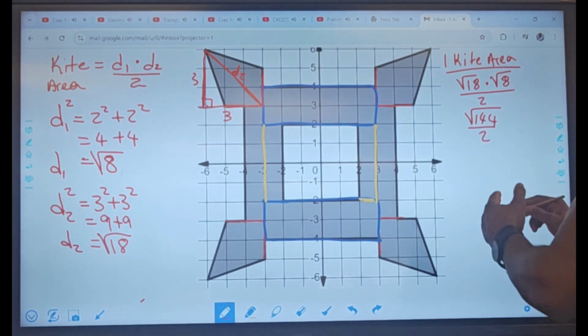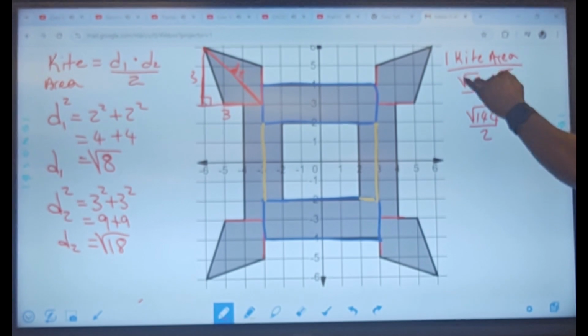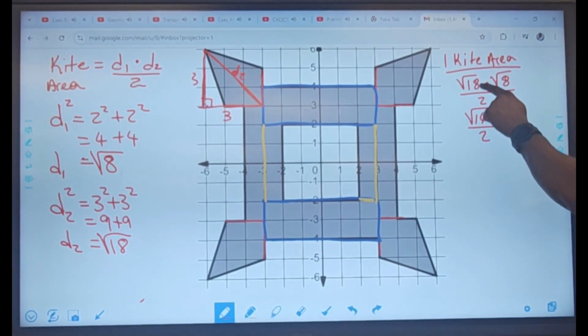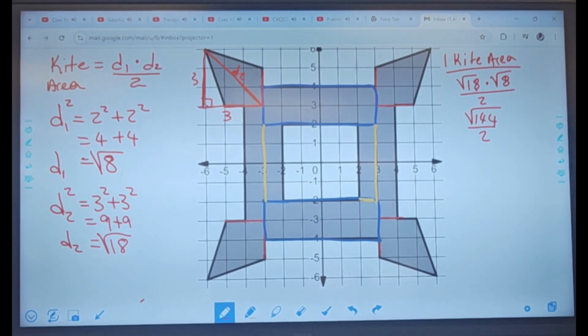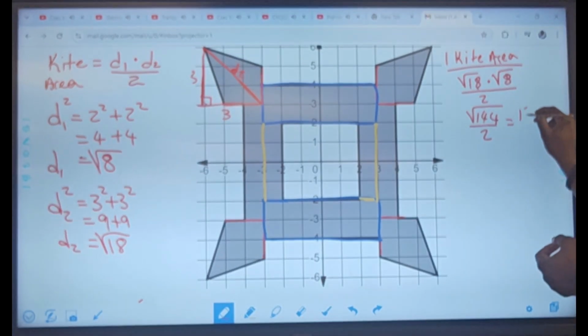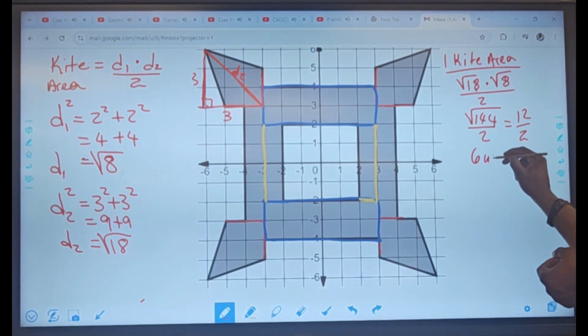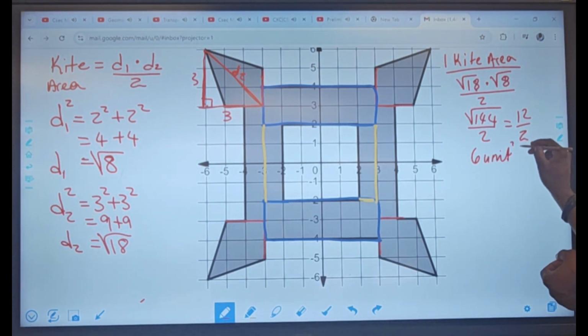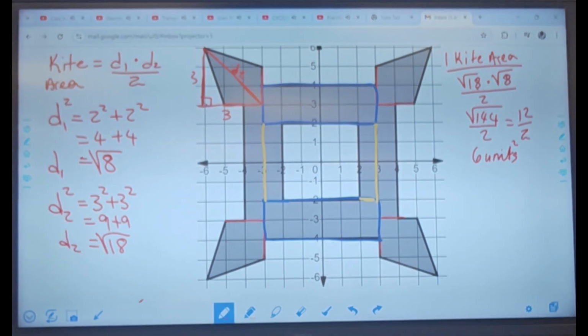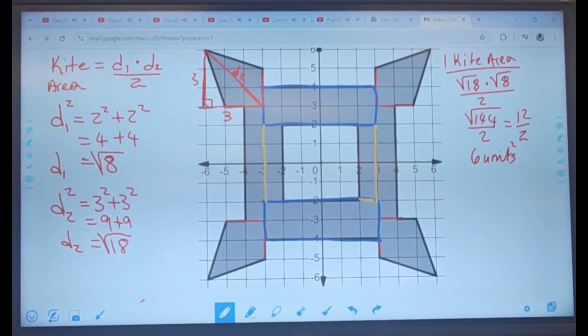Remember that when you multiply radicals, you could create one radical and multiply the radicands. So 18 times 8 is 144. And the square root of 144 is actually 12. So we're looking at 12 divided by 2. So we have 6 square units for 1 kite.